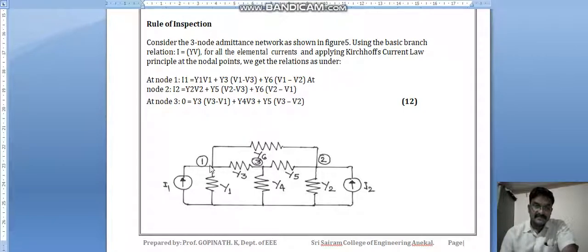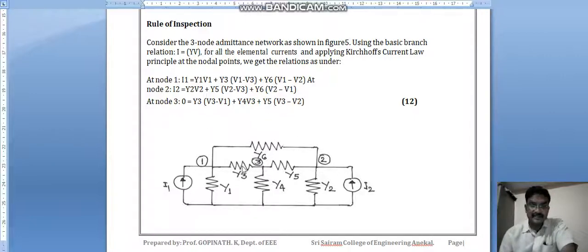So in this node y1, y3 and y6 are connected. At node 2, y6, y2 and y5 are connected: y2 v2 plus y5 (v2 minus v3) plus y6 (v2 minus v1).